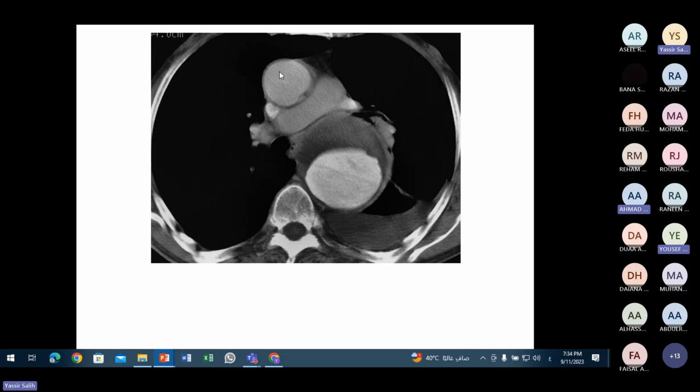Aorta. Ascending aorta. And what is this? Pulmonary trunk. And what is this? Descending aorta. And what is this? The false aortic dissection. There is a dissection.